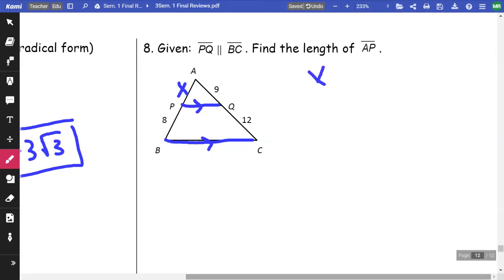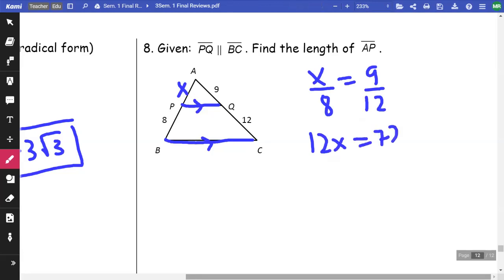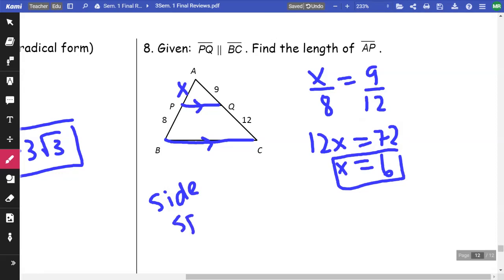So I can say X over 8 is the same as 9 over 12. Cross multiply, 12x is equal to 72. So x is equal to 6. And again, I use side splitter.